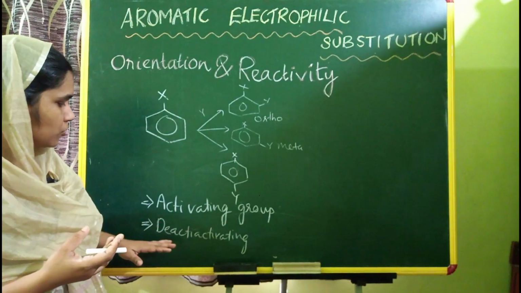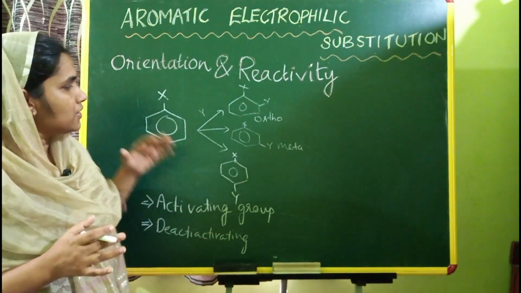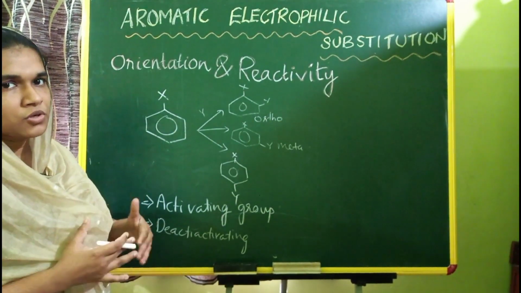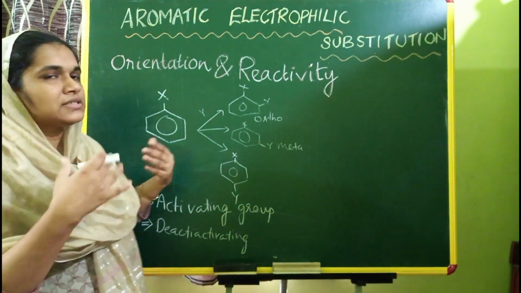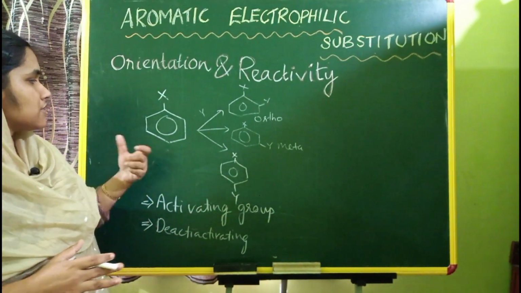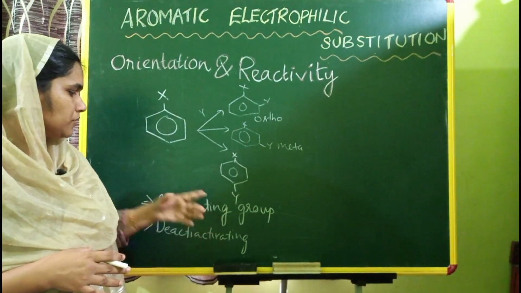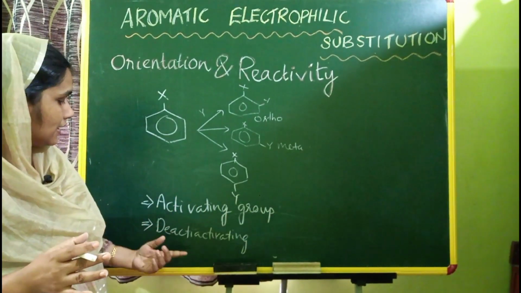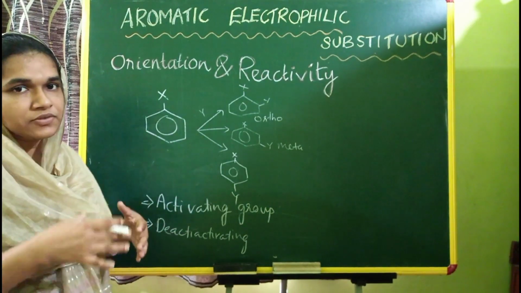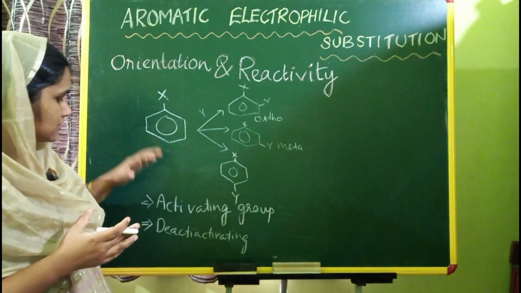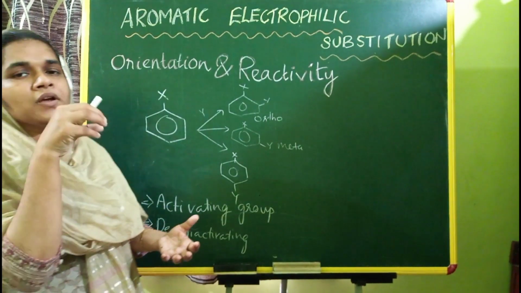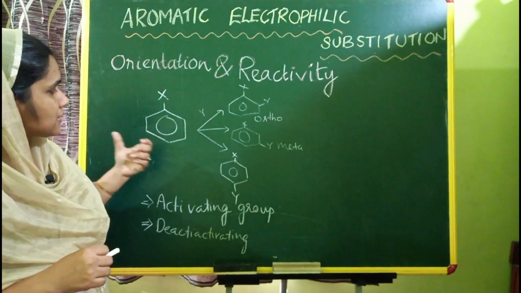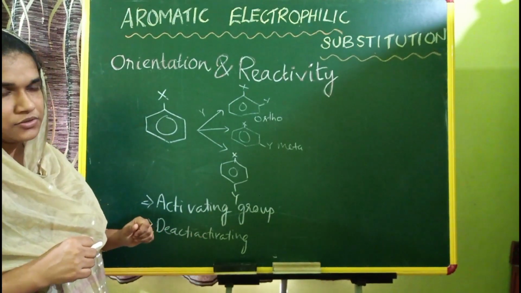So for activating or deactivating groups, we are comparing the reactivity of the substituted benzene with that of benzene. If reactivity is higher than that of benzene, such groups are called activating groups. If the reactivity decreases by substitution of the existing group, it is called a deactivating group.